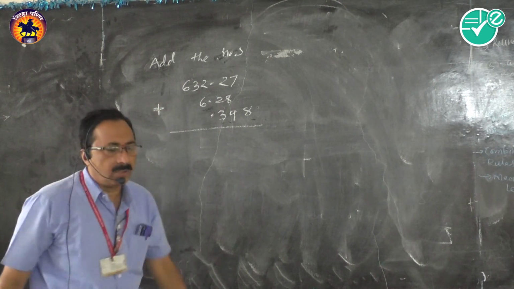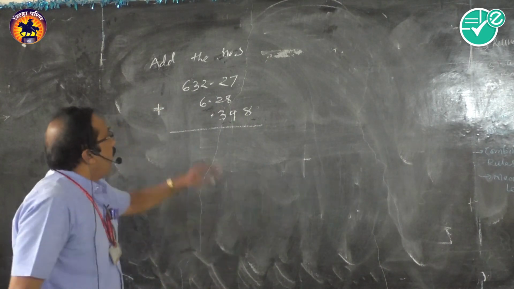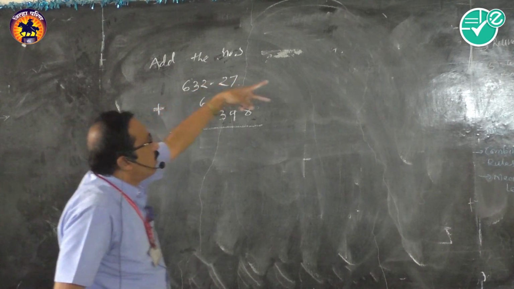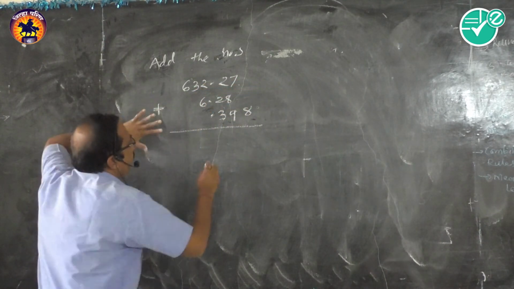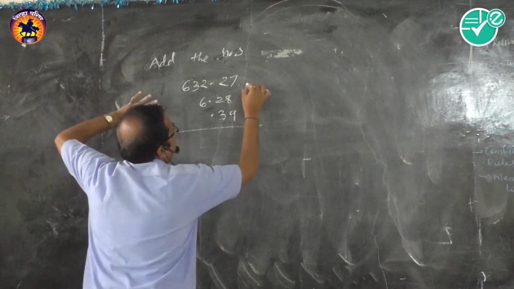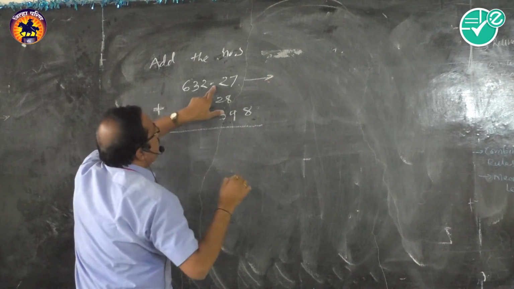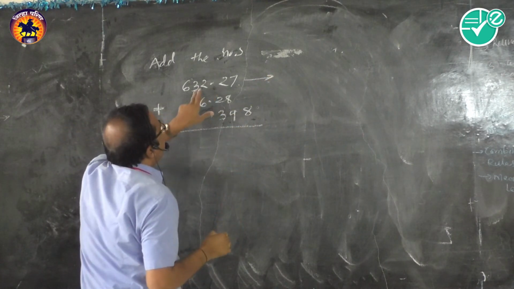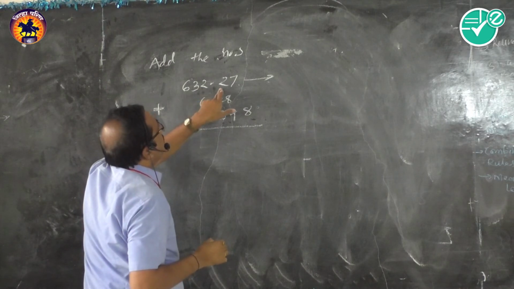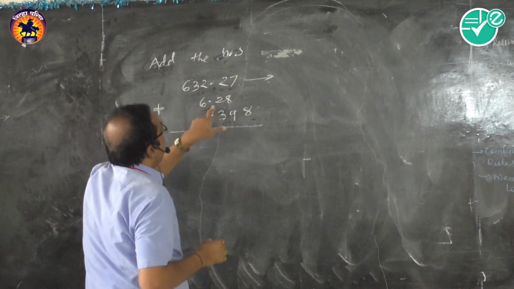So look at the board and see how the rules are applied here. Whatever the final result is, look at how many decimal points are there. This number is accurate up to 2 decimal points.